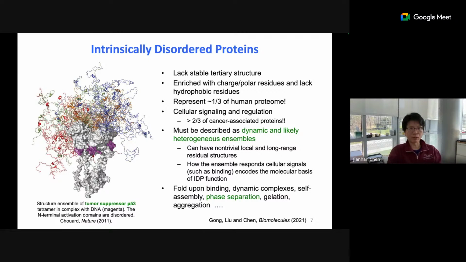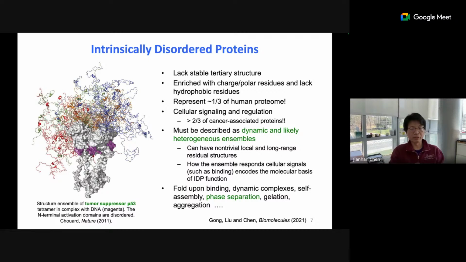This is pretty well understood. These proteins are often enriched with charged or polar residues. They often do not have a lot of the hydrophobic residues that are required to drive the hydrophobic collapse for the protein to fold. And the important thing I want to highlight is that this class of proteins represents about 1/3 of our proteome.